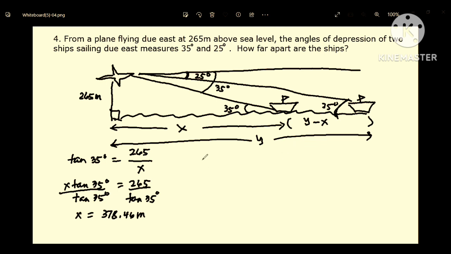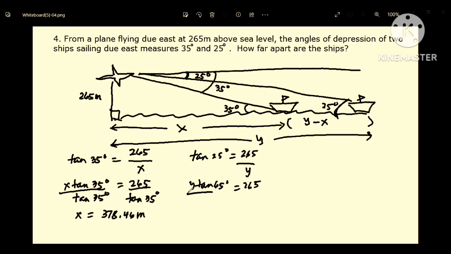So, again, the function involved here is opposite and adjacent. So, we have tan 25 degrees is equal to 265 over y this time, no? Kasi doon tayo sa mas malaking triangle na, no? So again, by cross multiplying, we have y tan 65 is equal to 265.